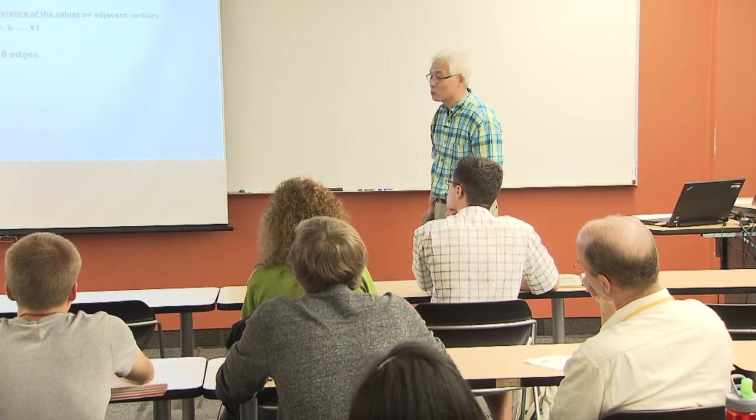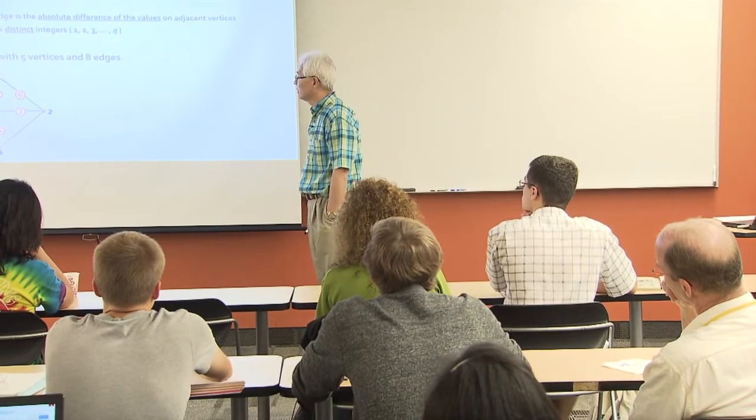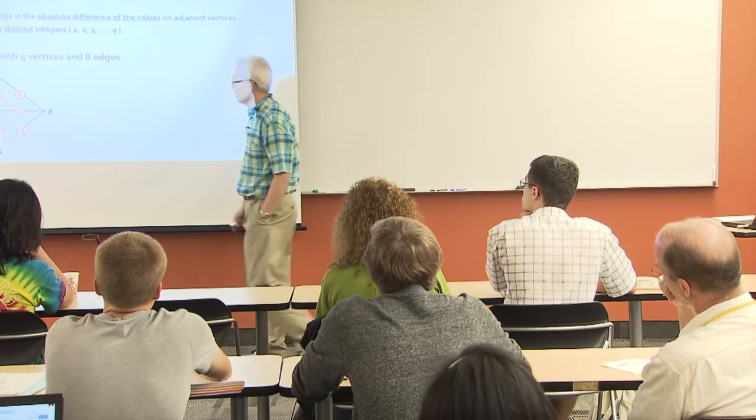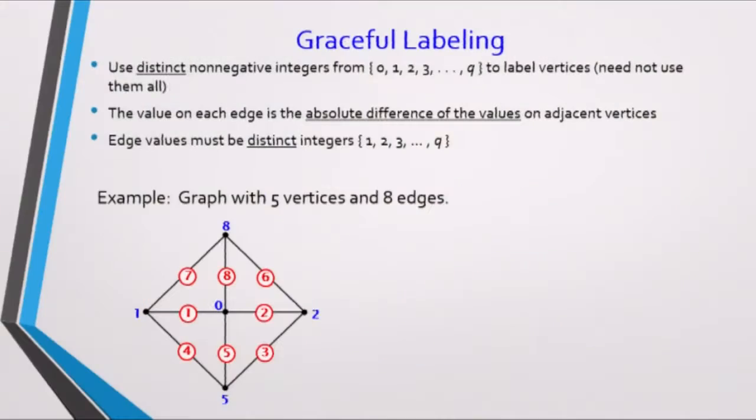And label the bottom one as 5, and the absolute differences are 5, 4, 3. So we use the 5 integers from 0 through 8, and when we label those numbers, the absolute differences are 1, 2, 3, 4, 5, 6, 7, 8.